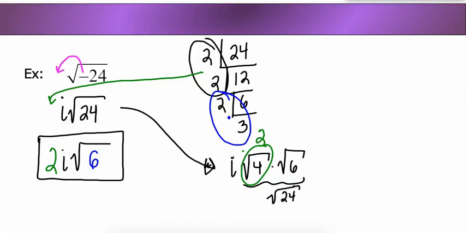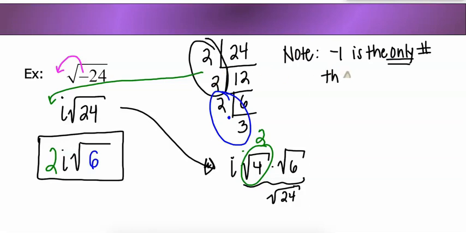Now, one thing to note, -1 is the only number, I'm going to use a shortcut there for number, that is removed from the radicand without a pair.